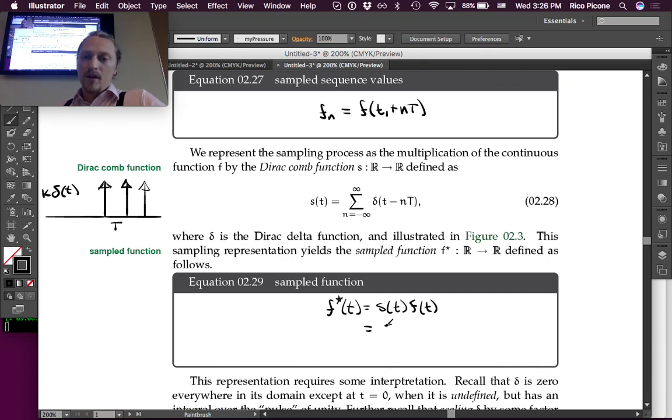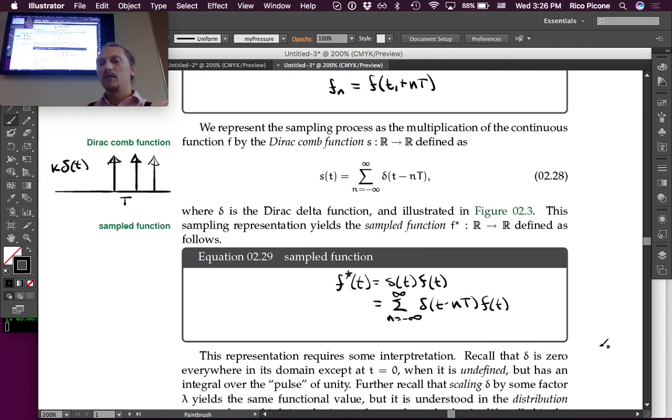We have a sum from n equals minus infinity to infinity of delta of t minus nT times f of t. Okay, so this representation requires some interpretation.